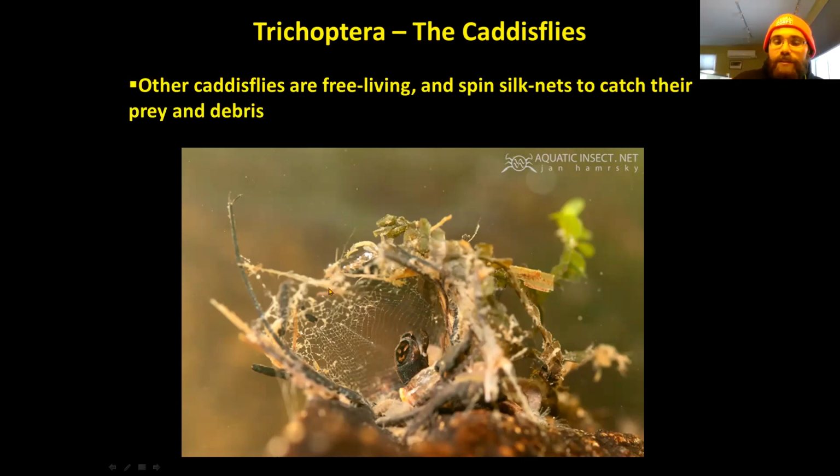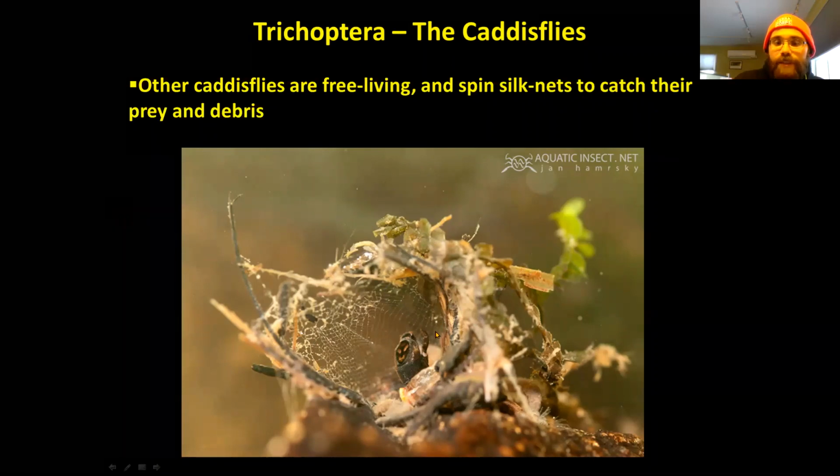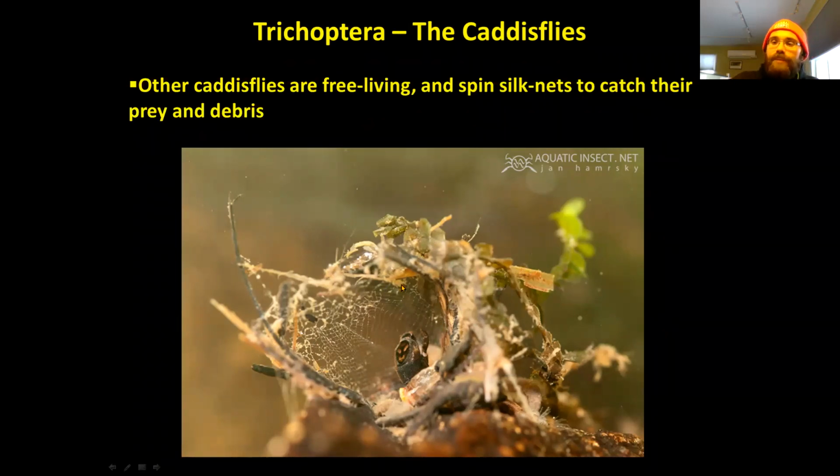So they spin this silk net and they'll be building this downstream of where water is coming from a fast flow. And they can use that to catch insects and other debris that float downstream and get caught in the net. So if they get some little sticks and stuff, they can use that to keep building reinforcements. Or if they get an insect, they've got a nice tasty treat that they can feed on.